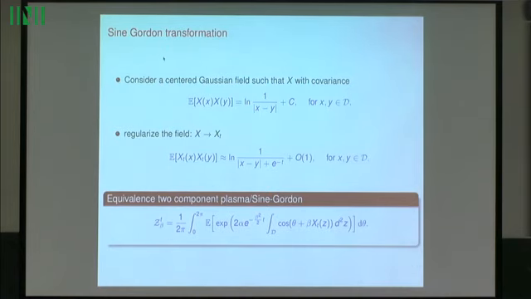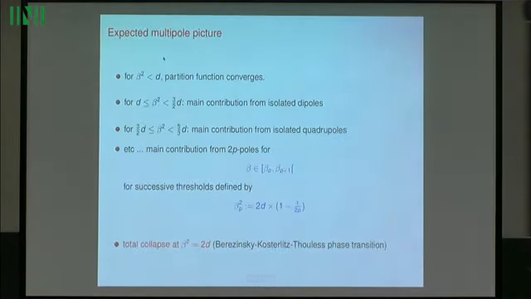So are you saying that if you take a log potential in any dimension, you have this phase transition? I'm claiming that in any dimension, you have this picture of multipoles, whatever the dimension. And for beta square equal 2d, beyond this value, I'm not able to show that there is a free field, but it should be the case, I guess. In any dimension? I think.